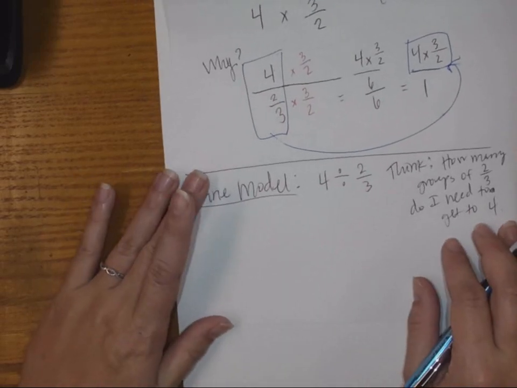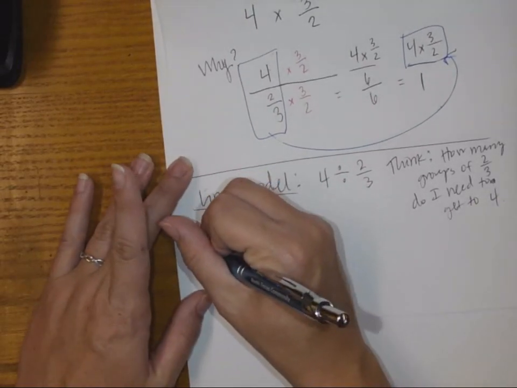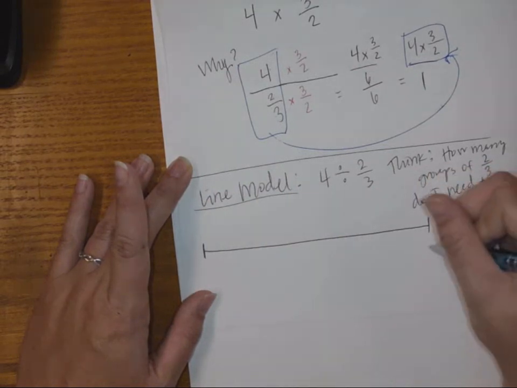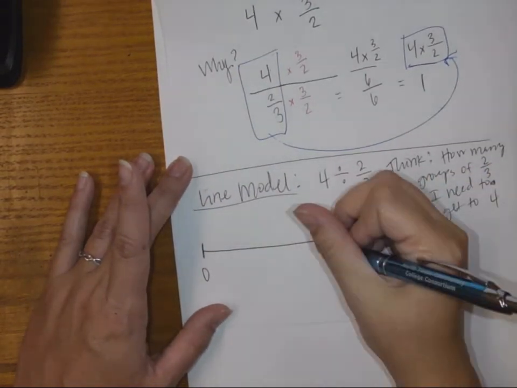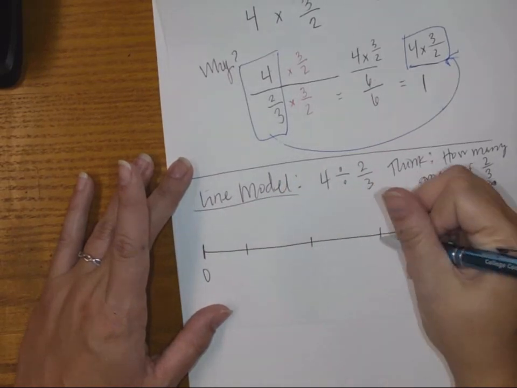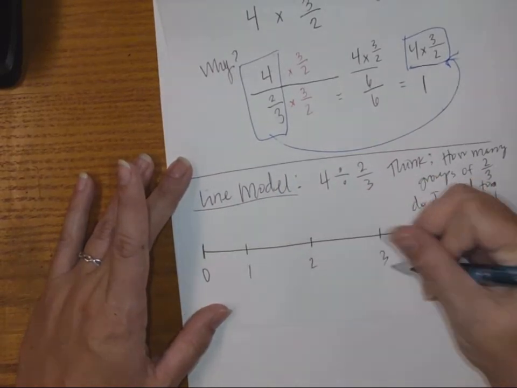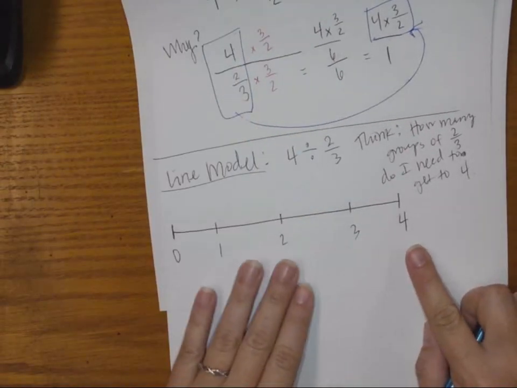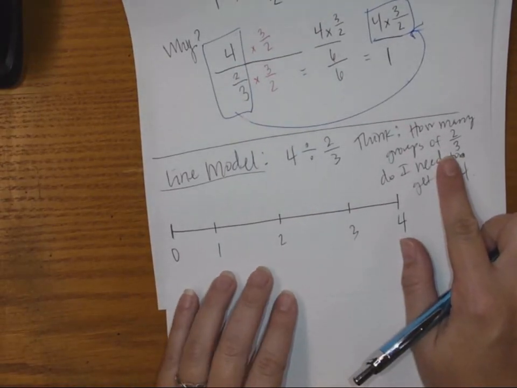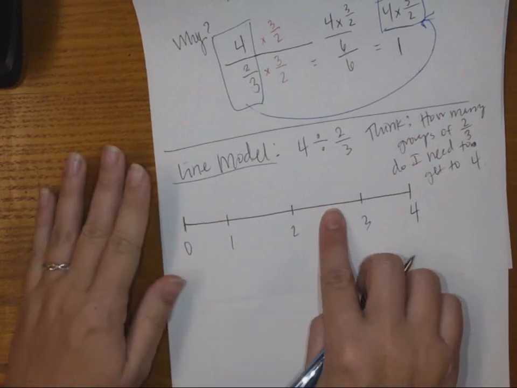So on our number line, let's draw a number line. I need to get to 4, so I need to end at 4. So let me draw my wholes. Here's 1, 2, 3, 4. And then I'm adding groups of 2/3, so I need to split each whole into thirds.